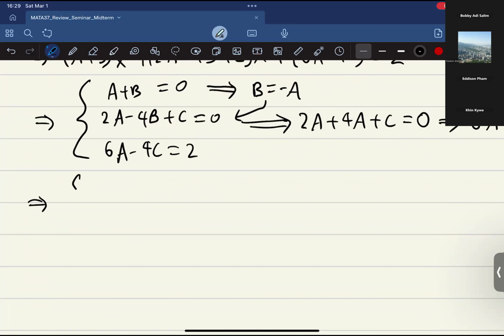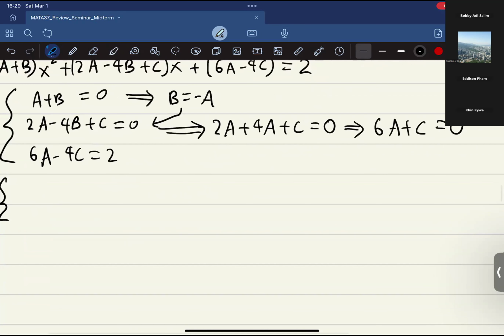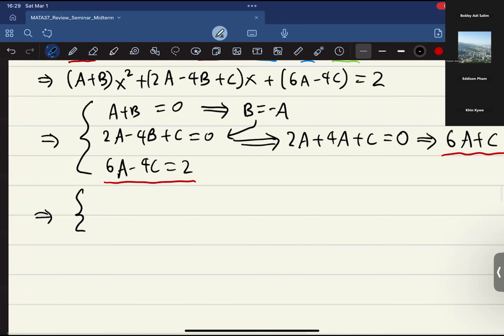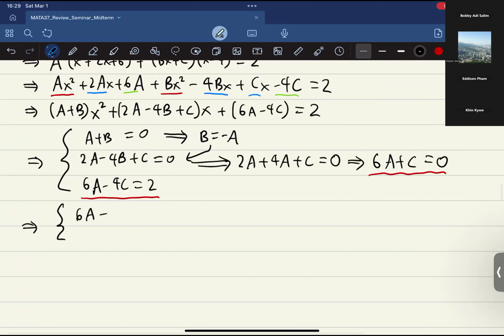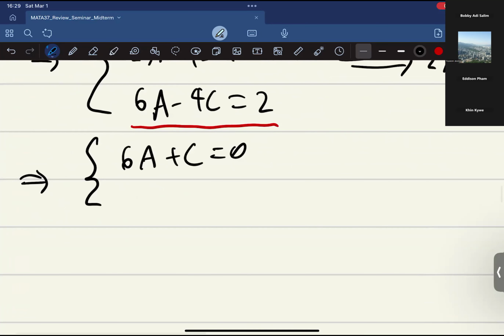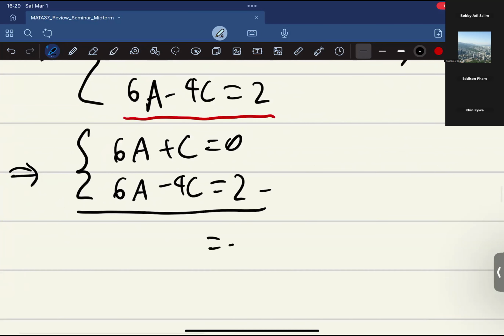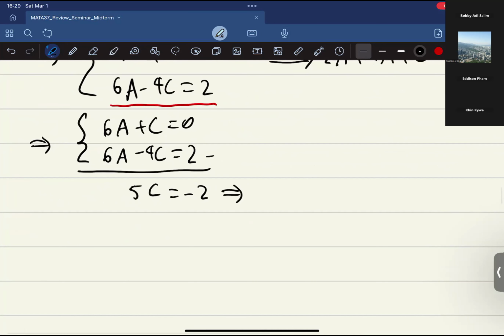So you can grab this equation, 6a plus c equals 0, with 6a minus 4c equals 2. We can subtract them and get that 5c equals negative 2 and c equals negative 2 over 5.